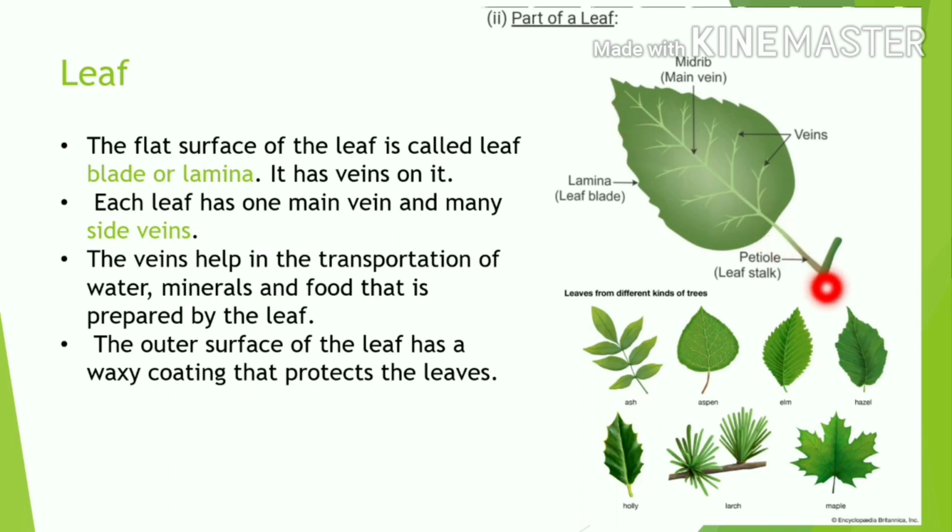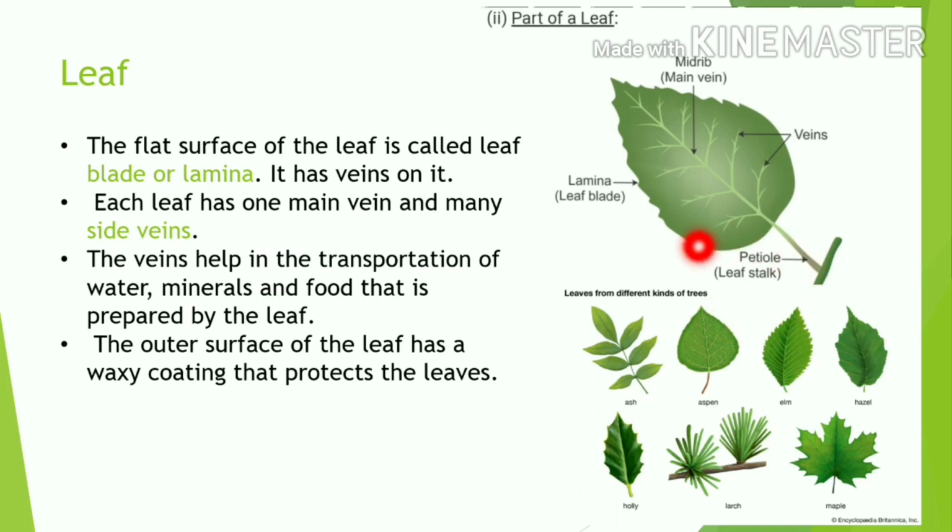Now look at this one. The main vein is connecting to the stem, a junction which acts as a connector between the leaf and the stem, known as the petiole, or we can say the leaf stalk.